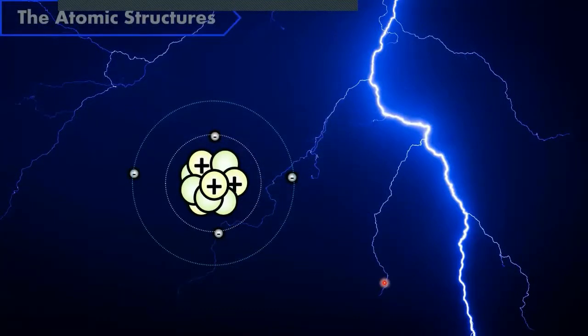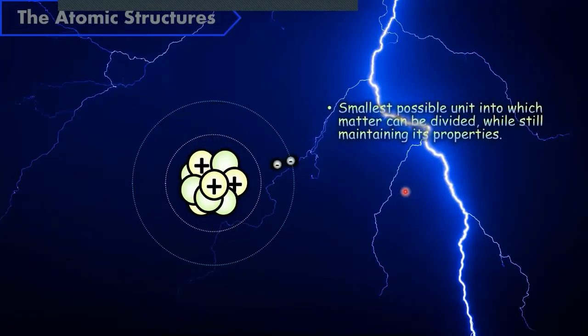Now, let's explore the atomic structures of an atom. This is the commonly used model of an atom, and the atom is defined as the smallest possible unit into which matter can be divided while still maintaining its properties.